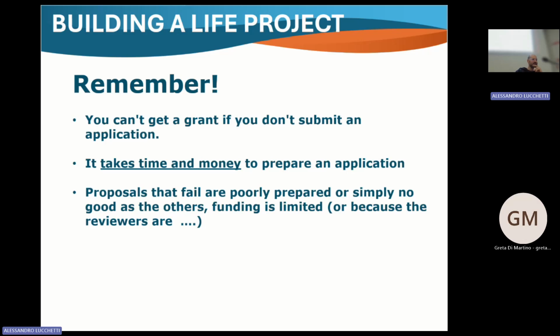Yes, remember that when you decide to make a project, it takes time and money. Consider that if you want to apply for a Horizon or a LIFE project, at least 4-5 months of your time is 100% dedicated to the proposal.